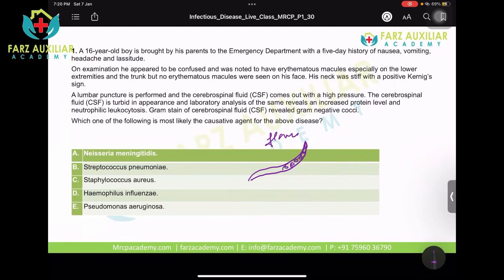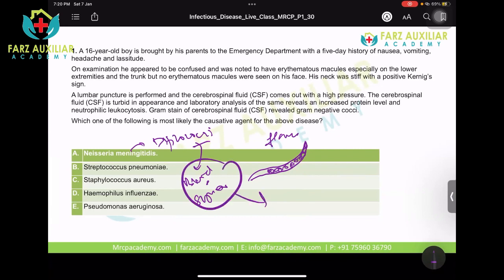These and Neisseria are classically diplococci. If it had to be a blood culture or a synovial culture, then you would find these diplococci in the WBCs. So Neisseria is known to invade the WBCs and sit inside the WBC.